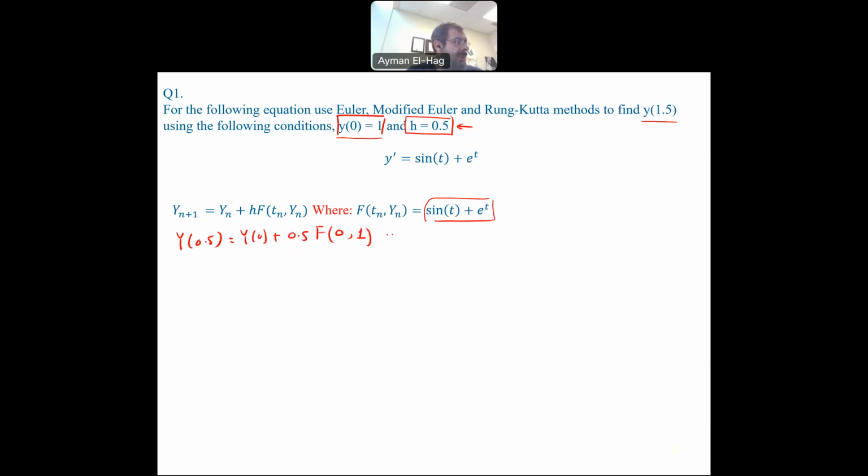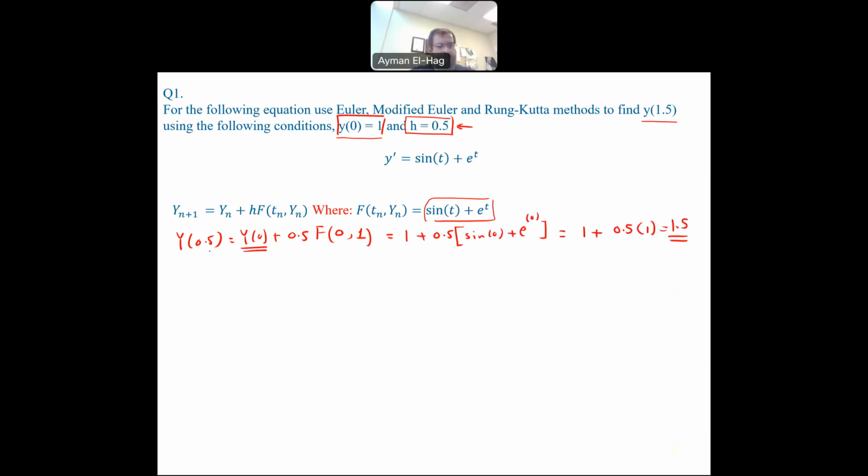So this equals 1 plus 0.5 times the function at 0 and 1. t is 0, so this is sine of 0 plus e to the power of 0, which gives me 1. So 1 plus 0.5 times 1 gives me 1.5.